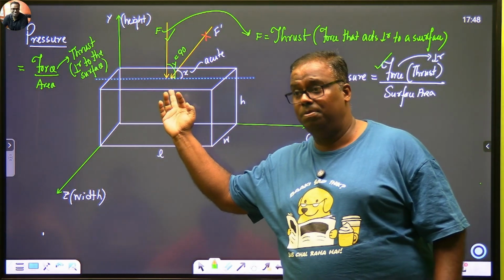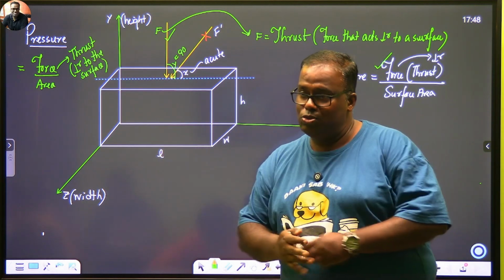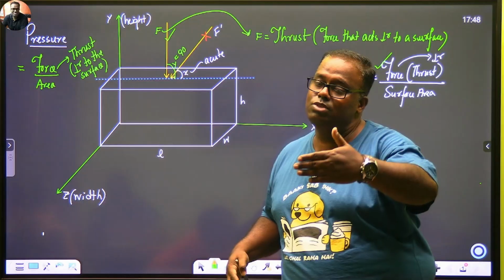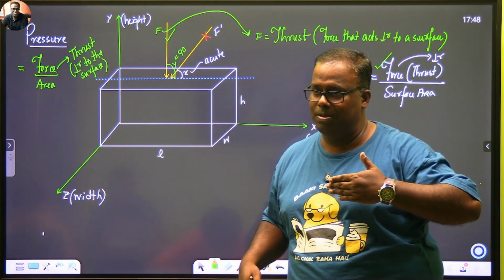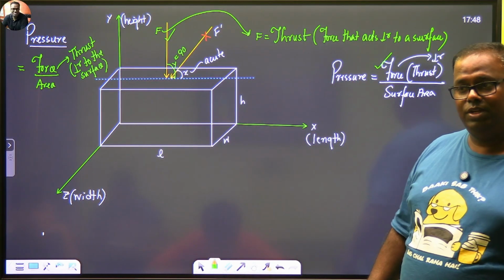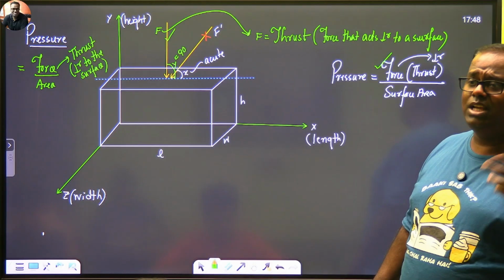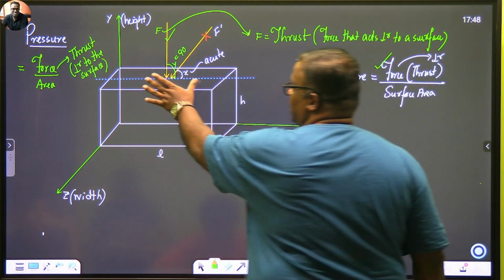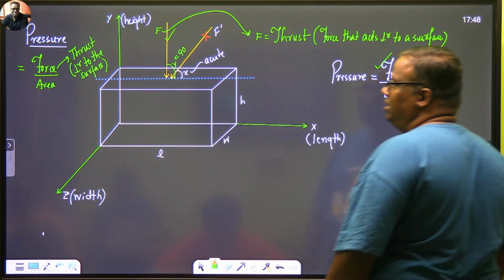It is not a rectangle, but this is a three-dimensional drawing, so it's actually a rectangle. And a cuboid has got how many faces? A cuboid has got 6 faces. You have two similar rectangles on the top and bottom, two similar rectangles on the front and rear, and two similar rectangles on the right and left.